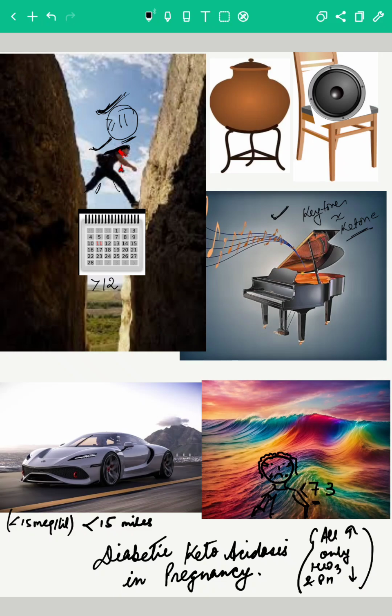Now, in the previous slide, we had discussed acidosis, that is this old lady who is 73 years old and riding a car that gives a mileage of less than 15. So the car is for bicarb, and since bicarb is univalent, millimoles per liter is equal to milliequivalents per liter.